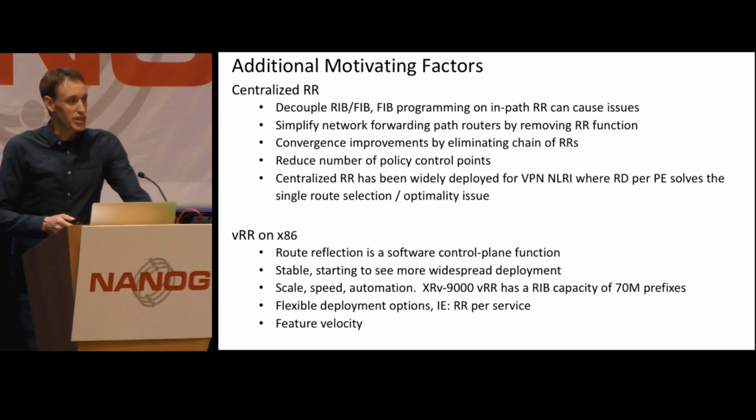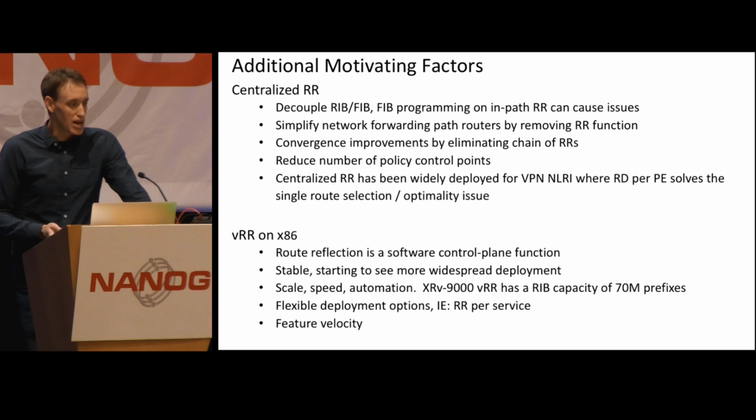And there are some additional motivating factors that have come out more recently in trying to solve this problem of placing a route reflector anywhere in the network. Centralized route reflection has become more popular as people are looking to move network functions away from deeper in the network, especially compute heavy things like route reflection, or things that are purely control plane functions, out of the network and into a data center, where it's much more scalable and there's more compute power.